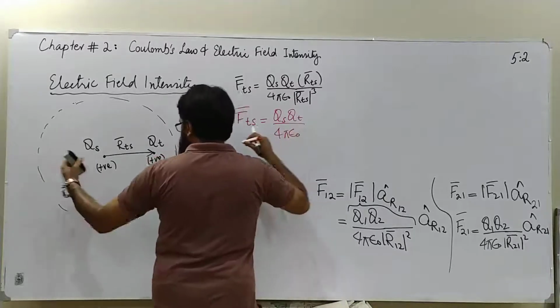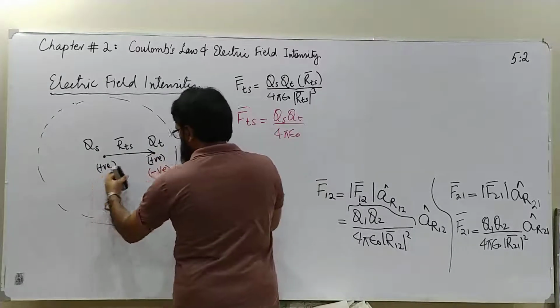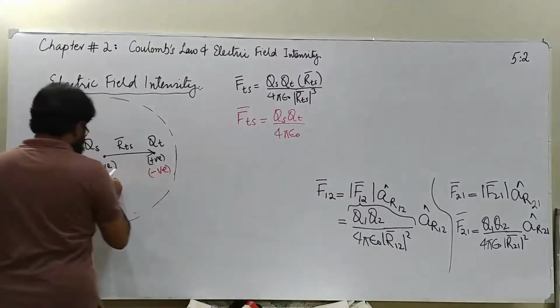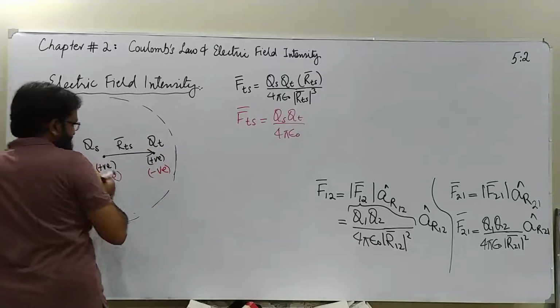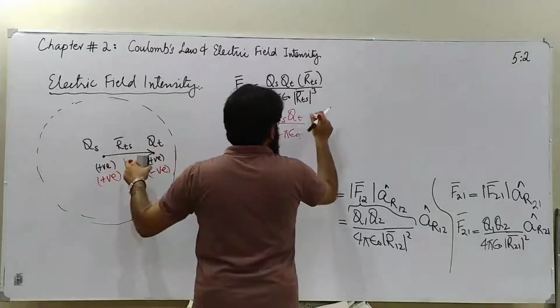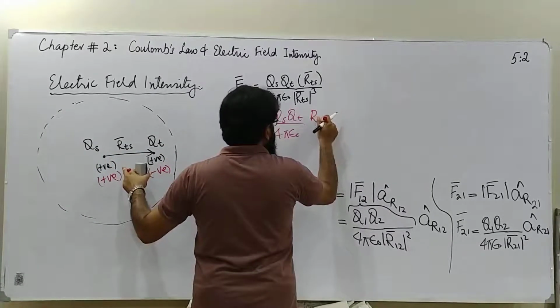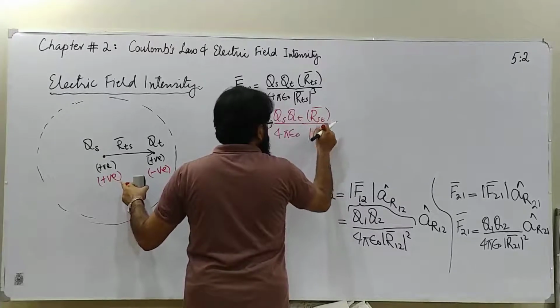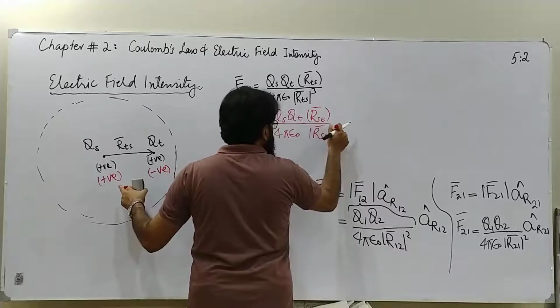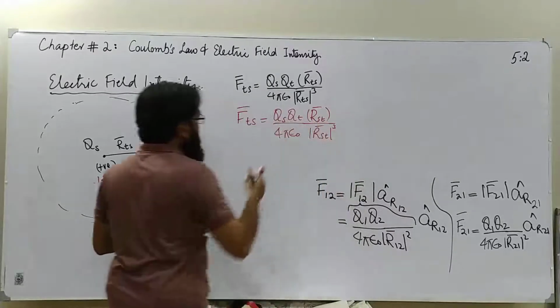This time, since this is positive and this one is negative, it will attract. So the force will be opposite to the previous case. So now we need R_ST instead of R_TS, and the magnitude of R_ST cubed. This is what we need.